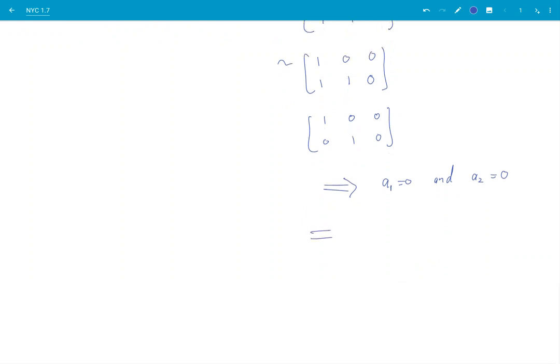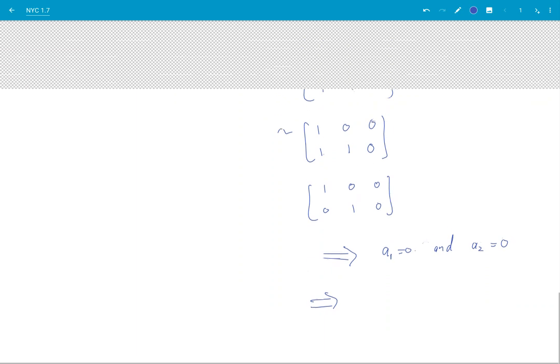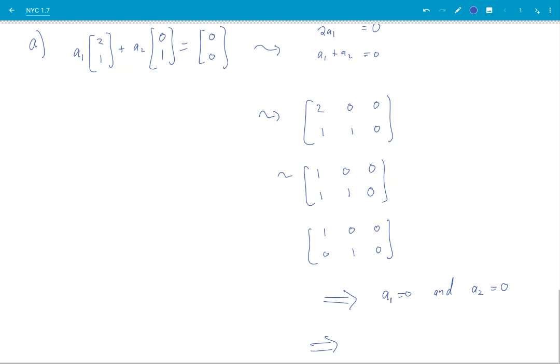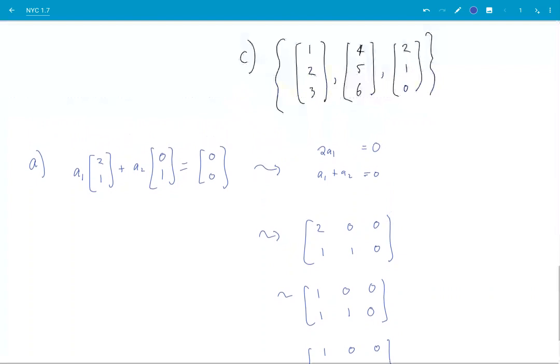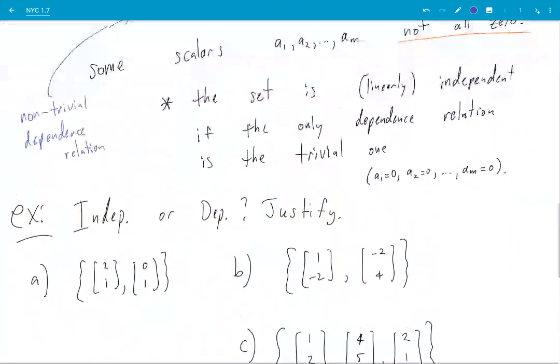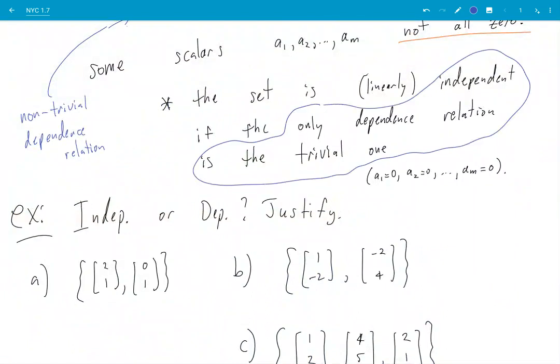So the conclusion here is that if you're looking for a dependence relation, only the trivial dependence relation works. And what does that mean? Well, looking at my definition, that's independence.